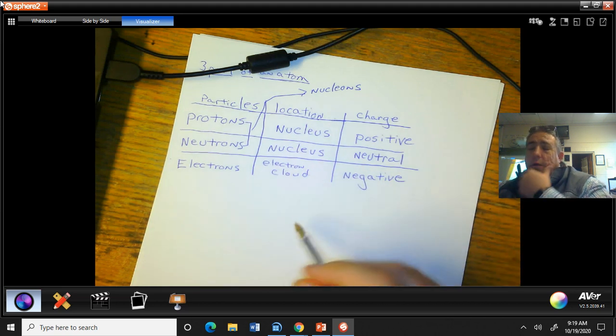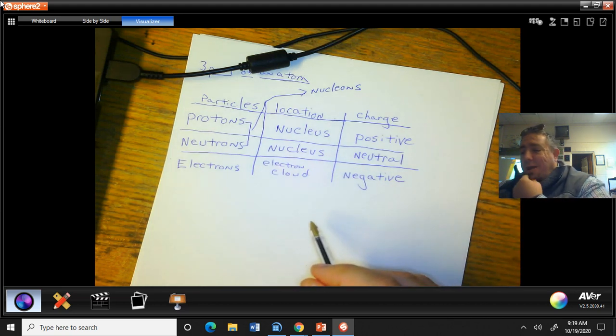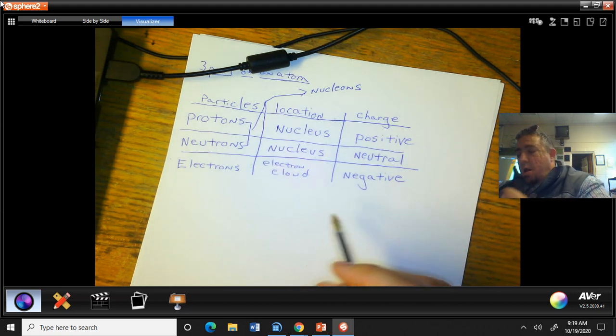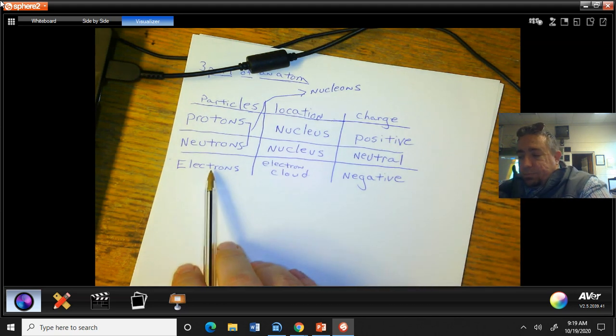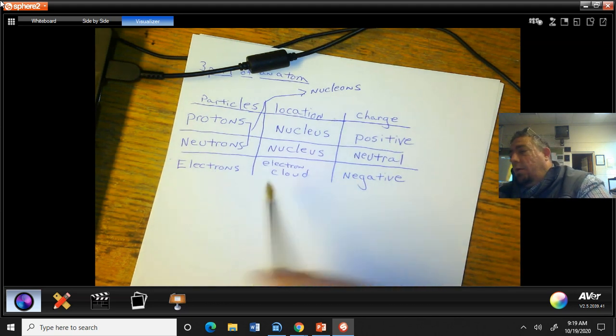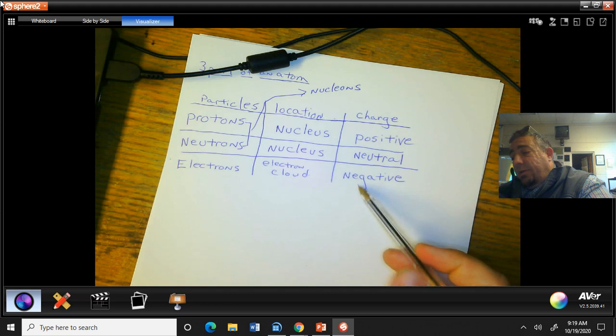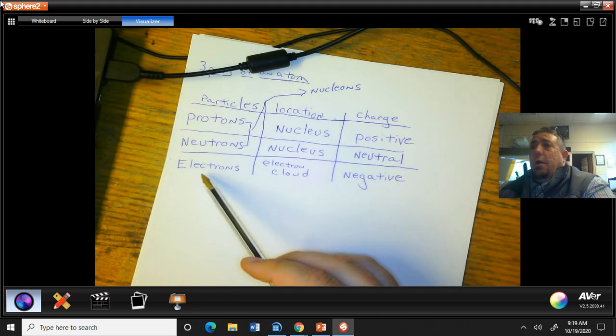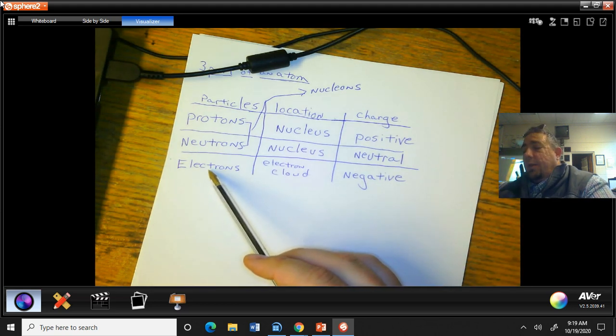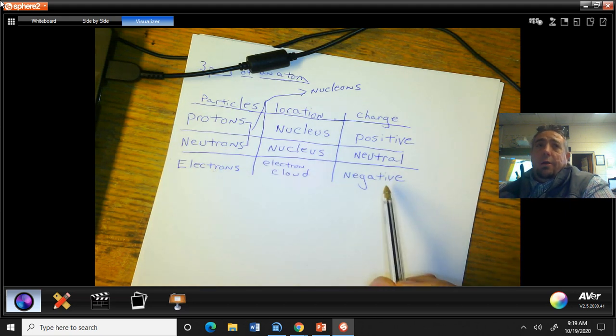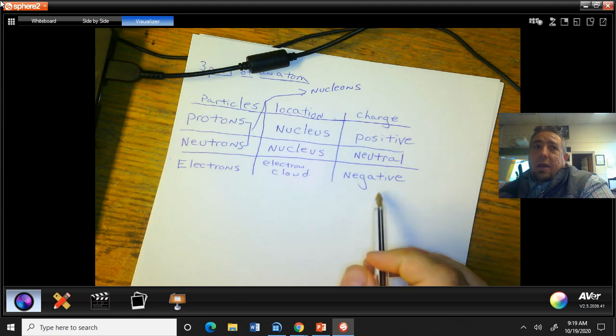I mean, it's kind of elementary there. And then the last one, electrons, negative. The way I remembered is because electricity is basically the flow of electrons. And if you get shocked, that would probably be a negative thing.